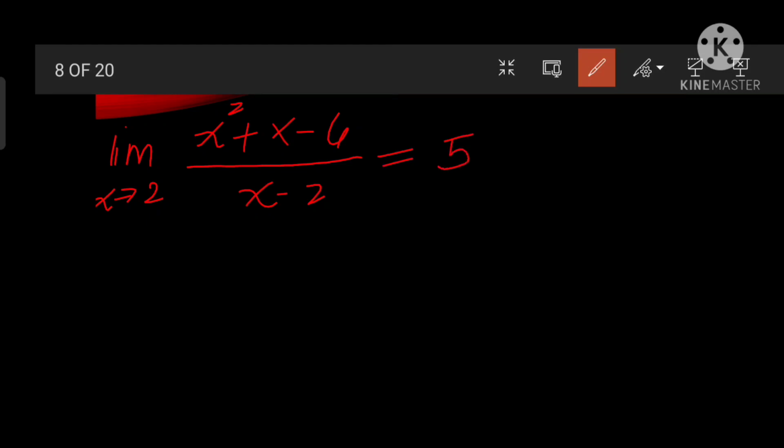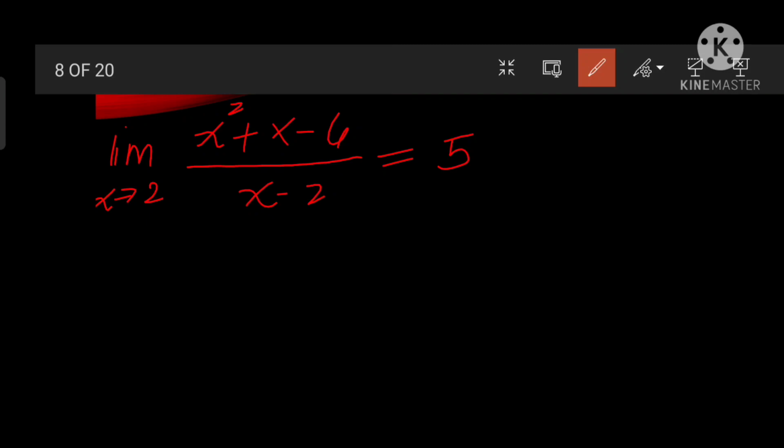Okay, that is 5 as the limit of f of x as x approaches 2, which can be written as the limit of x squared plus x minus 6 all over x minus 2 as x approaches 2 is 5.